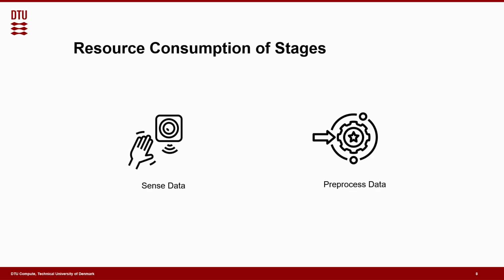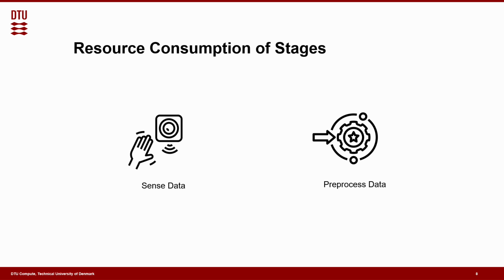And each of these stages consume some of these constrained resources on our tiny device. So for example, when you're sensing data, you're likely having a sensor that's consuming some energy. You're going to have some memory to store this data that you're sensing.